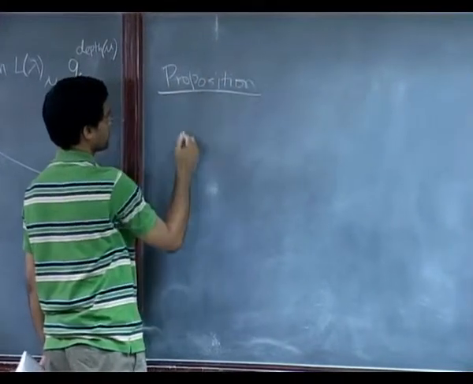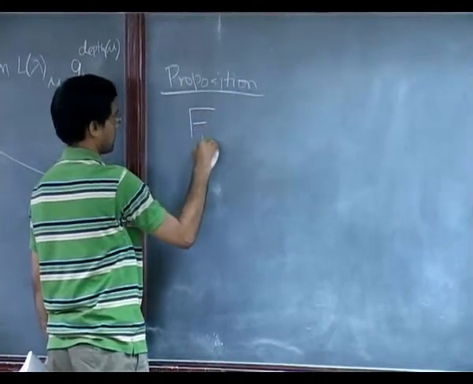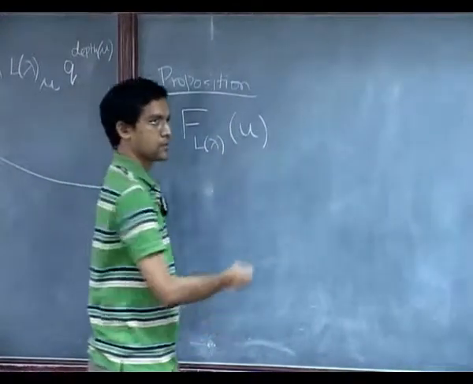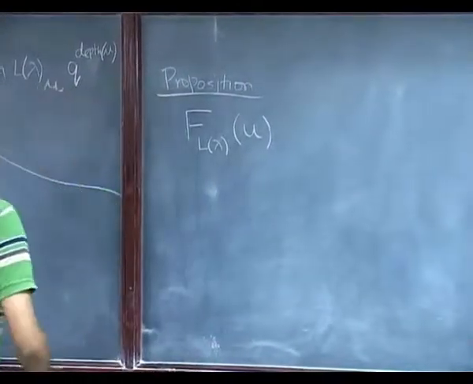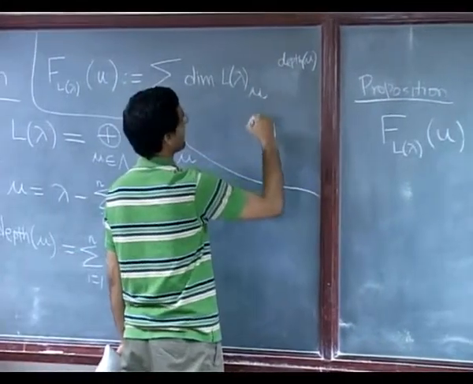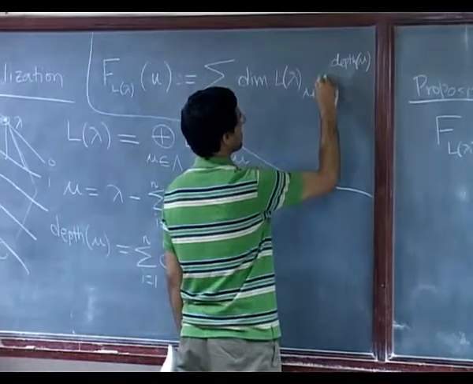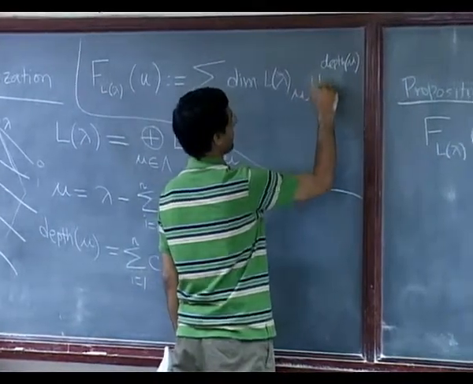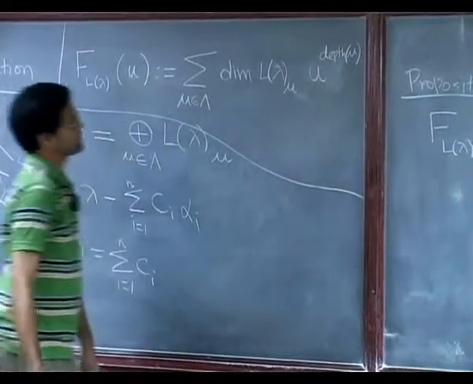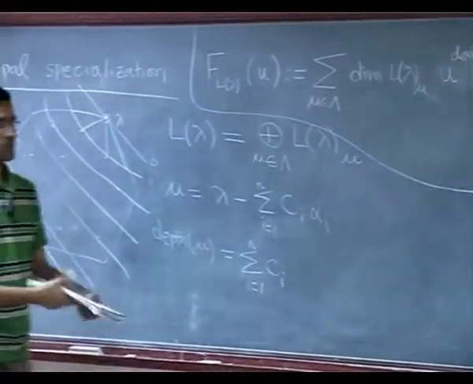So, here is the proposition which says if you want to find the principal specialization... That should be Q, instead of U. No, I changed it for a reason actually.